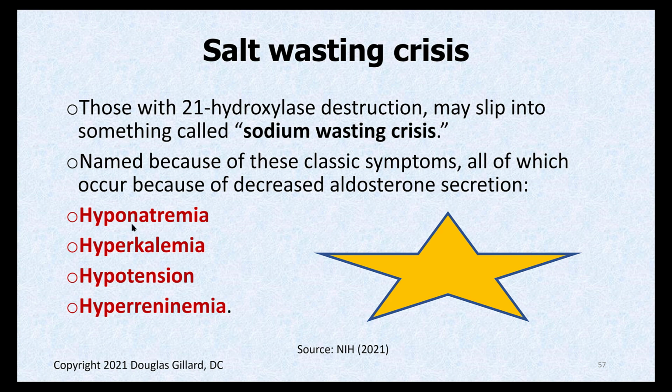You can't make cortisol either, but not having aldosterone is a huge problem. You're going to have hyponatremia because you can't reabsorb salt. You'll have hyperkalemia because you can't kick out potassium. You'll have hypotension because you can't reabsorb salt and water. And then you'll have that hyperreninemia. The RAAS system will be trying to fight the hypotension. That's called a salt wasting crisis.